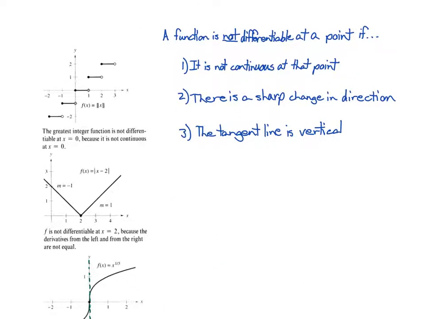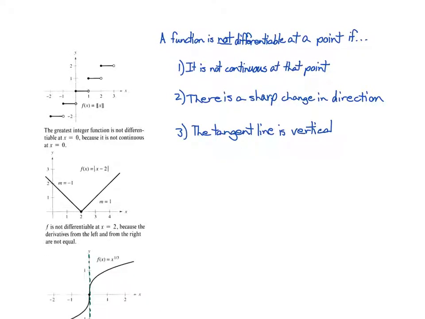So there are basically three cases where the derivative will not be defined. It's not differentiable at a point if one of these three things happens. First of all, if it's not continuous at that point. We saw that with our step function just a moment ago.